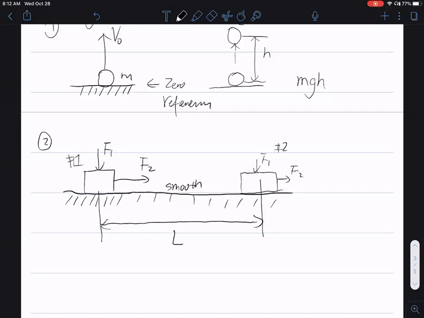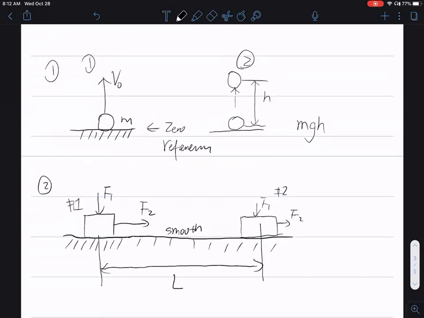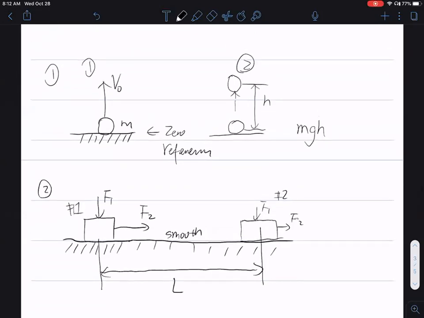Spend 1 minute, talk to each other. Which force would do work? Is that force 1, force 2, or both of them?